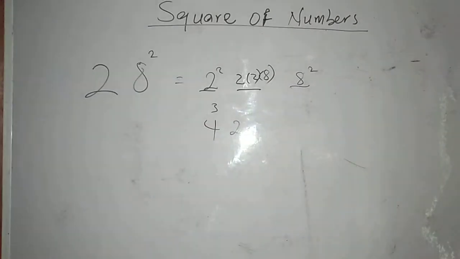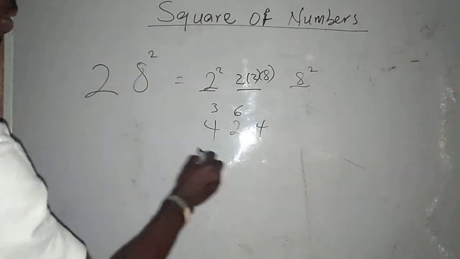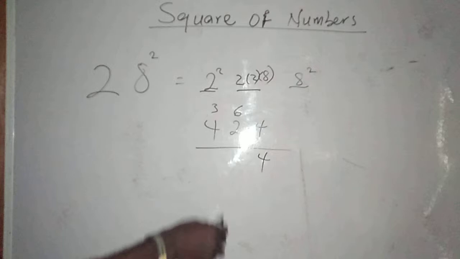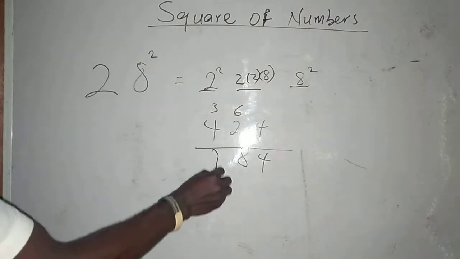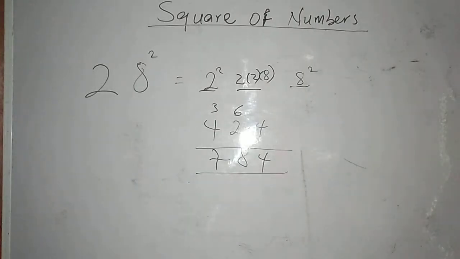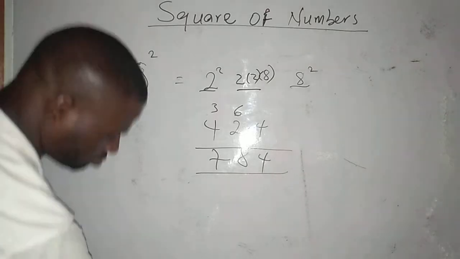Now, 8 squared is 64. I have 64. My final answer will be 4, 8, 7. That is my final answer.